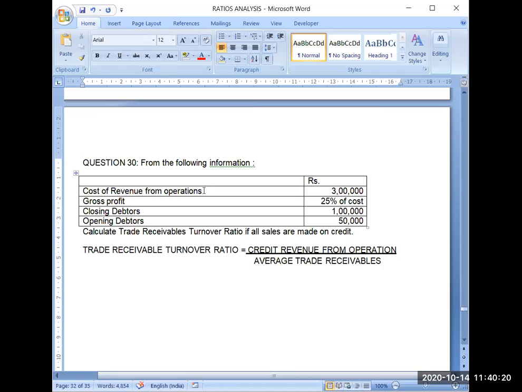But here, cost of revenue from operation is given and gross profit percentage is given, 25% of cost. Cost means cost of revenue from operation. So first I can calculate gross profit.